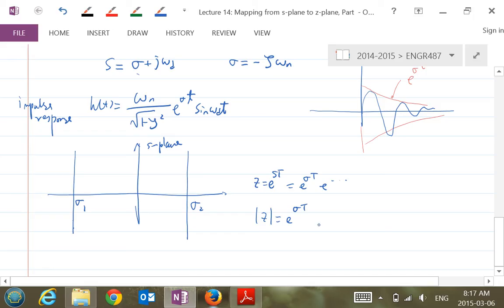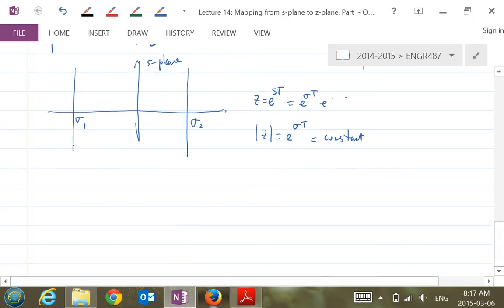If magnitude is constant, it is being mapped into a circle, because this is basically r angle theta. So this is r here. Yes, it's a circle.